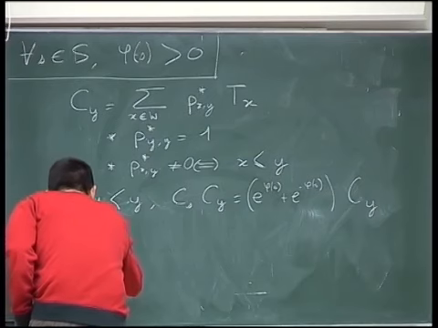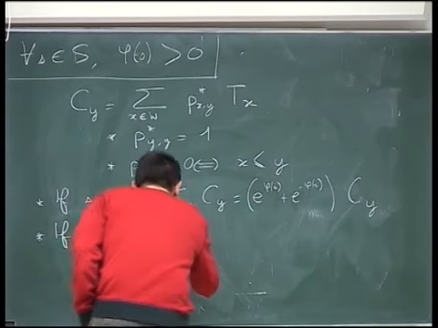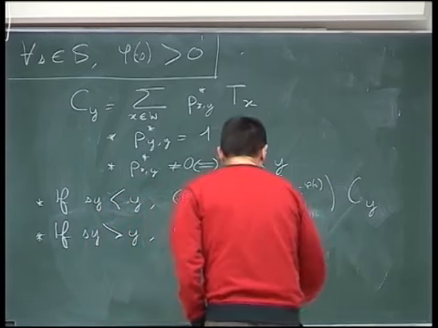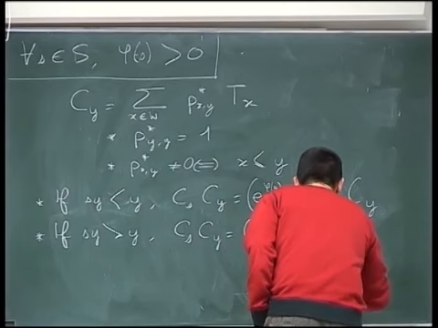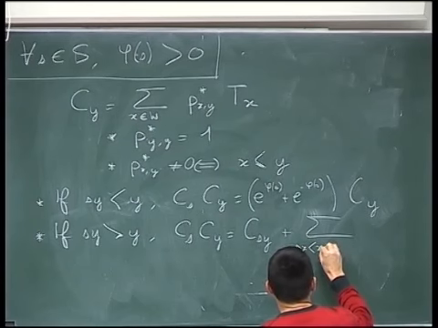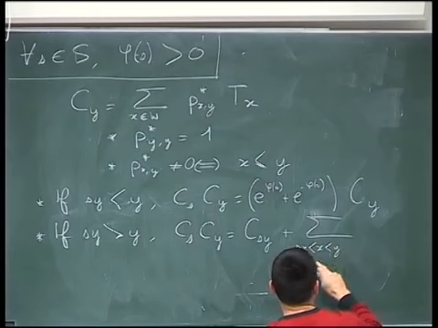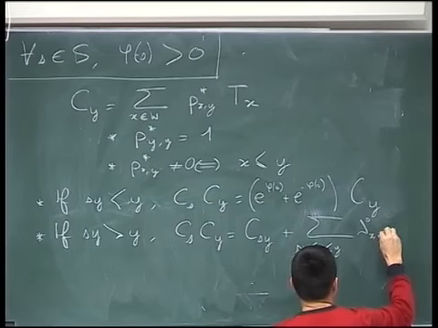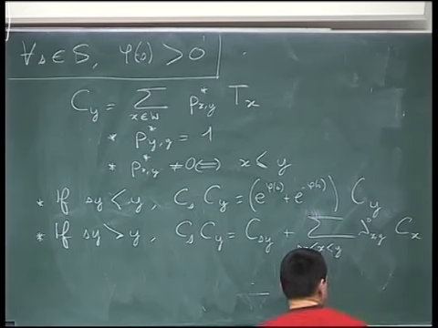And if sy is greater than y, C_s C_y is C_sy plus a sum involving only elements x such that x is less than y, and the coefficients here are in general very difficult to compute.